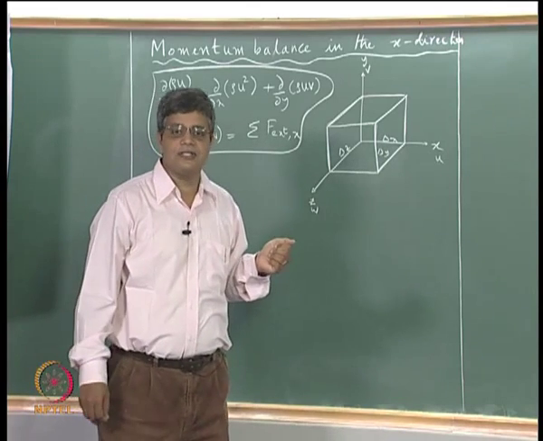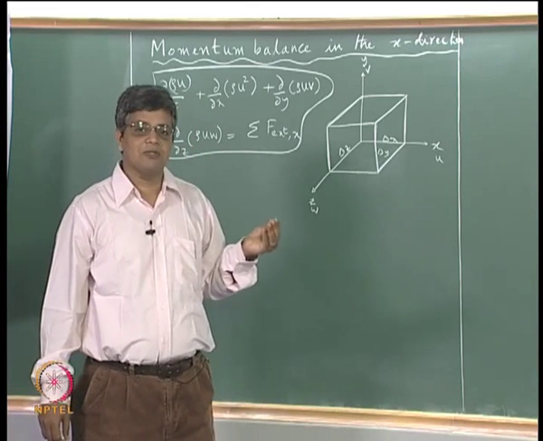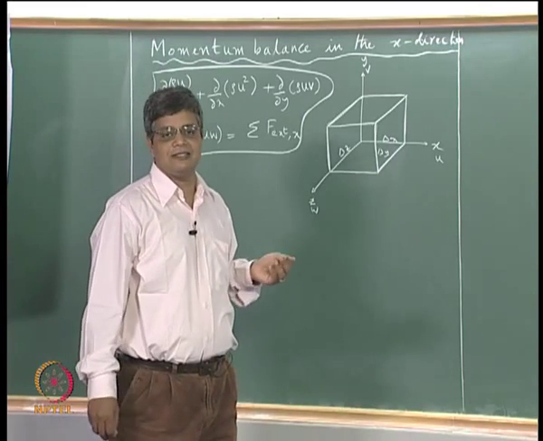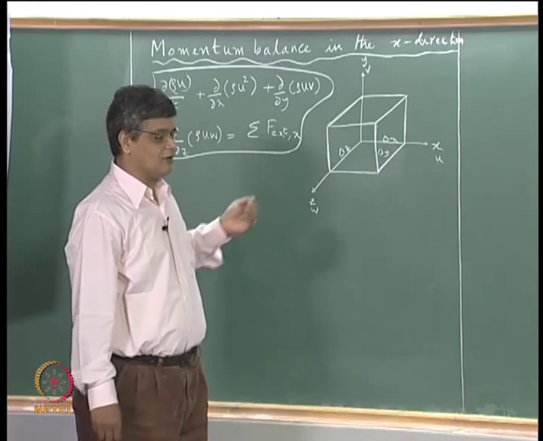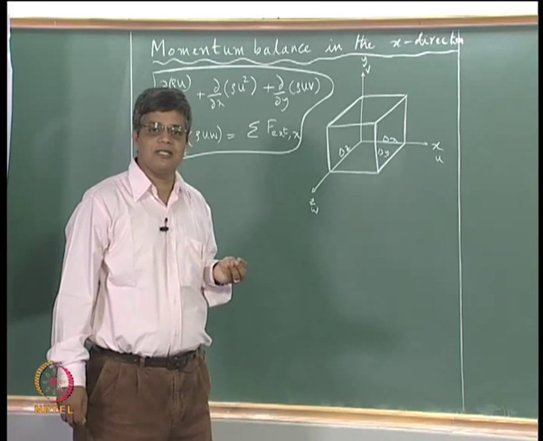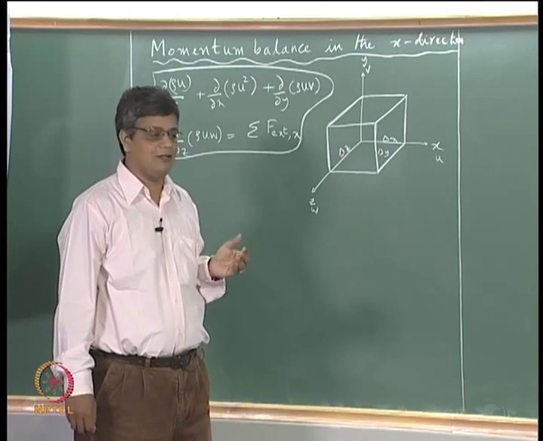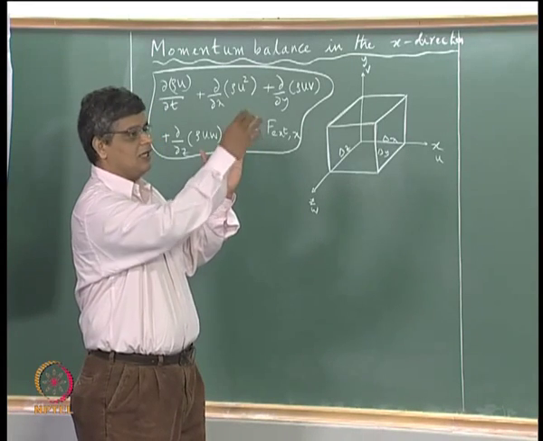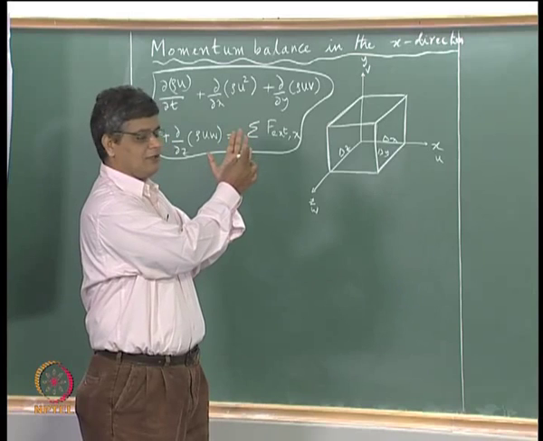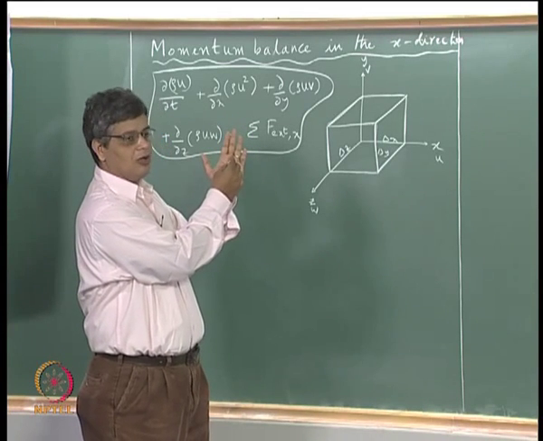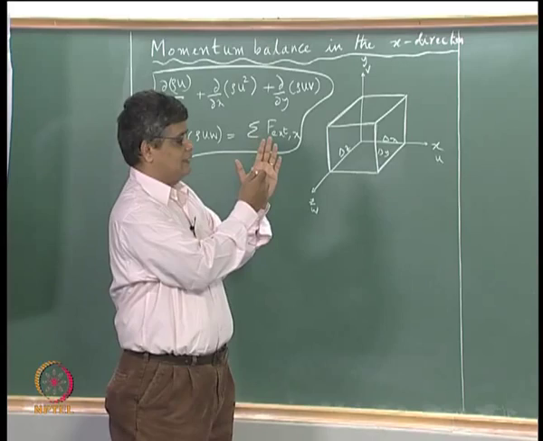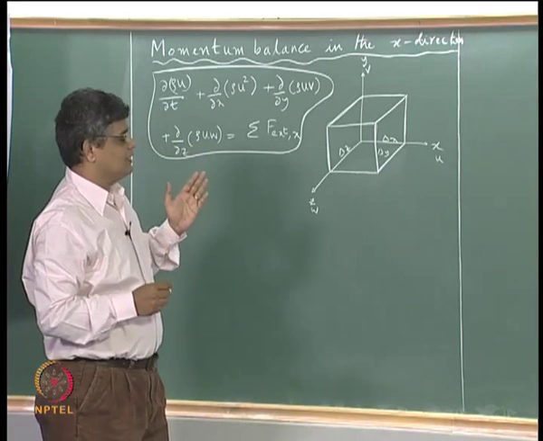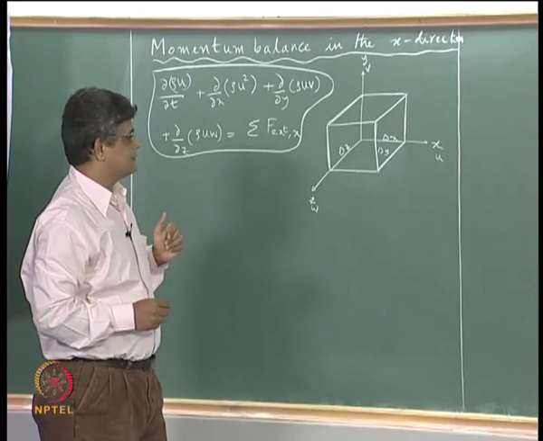When we consider fluids, we already know that there is something called pressure, and so we can imagine pressure as a force which is acting on a fluid element, and we know that pressure is a compressive stress. If you imagine a plane like this immersed in the fluid, the fluid above it and around it will be exerting a compressive stress on this, which is normal to the surface area vector of this particular plane. So in that sense pressure is a compressive stress.